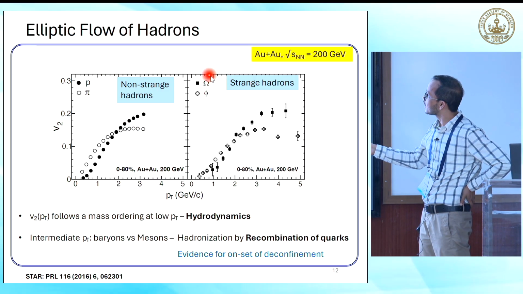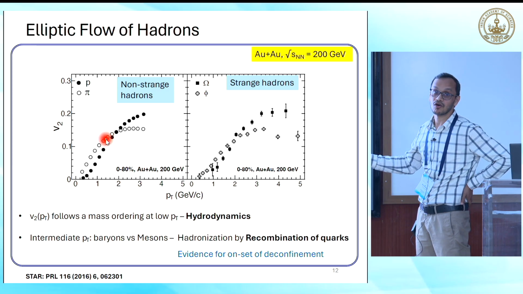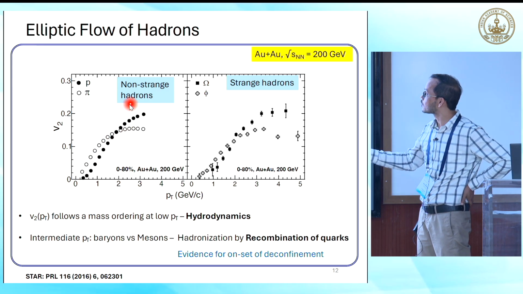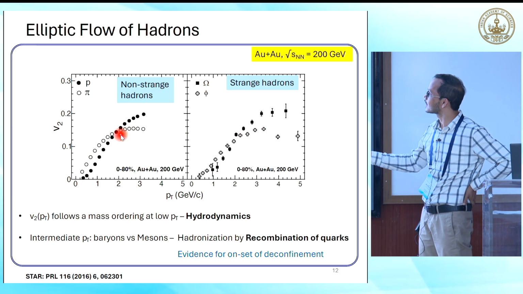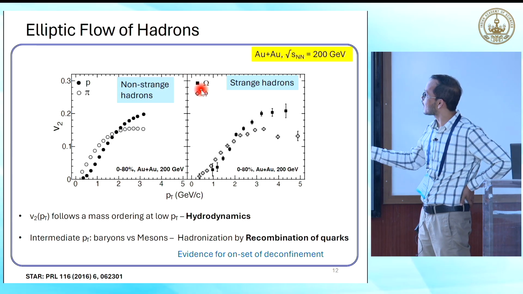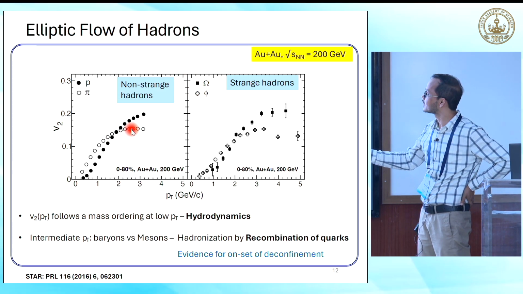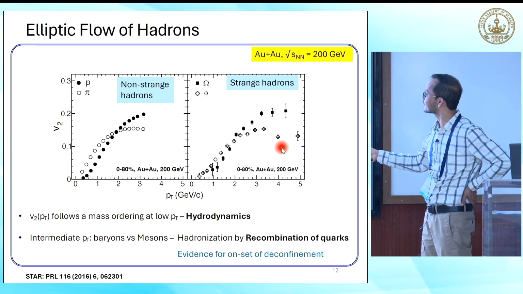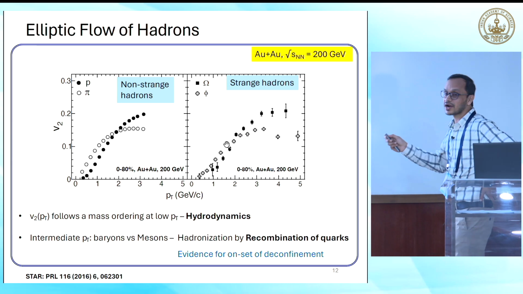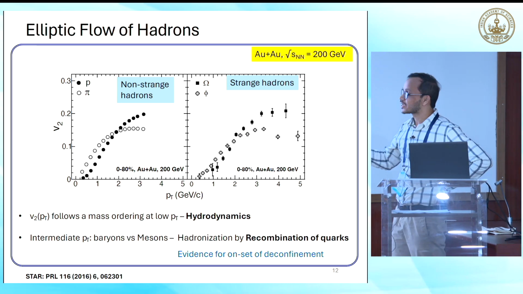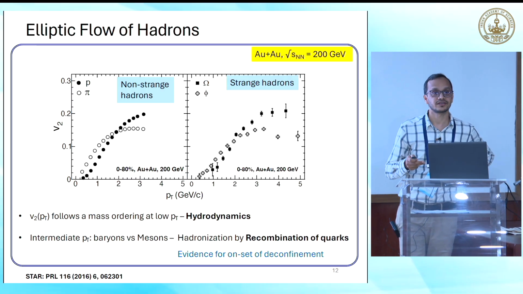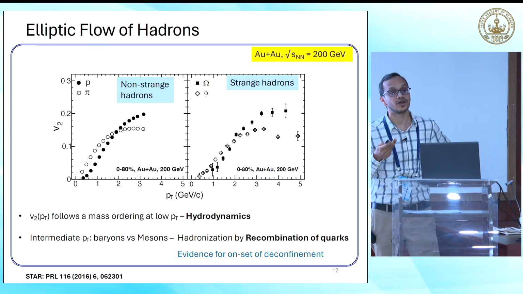Protons and omega are both baryons, and although their masses are different, if you compare them, they are almost the same. Pion and phi are mesons, their masses are different, but they give the same v2. This particle type dependence can be explained by hadronization through quark coalescence.